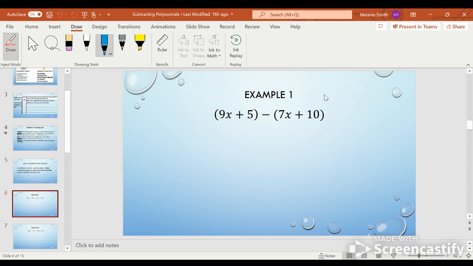Remember, distribute means multiply. But what you can do is multiply by a negative 1. So I can distribute a negative 1. And all that's going to happen when I multiply by negative 1 is this positive 7 is going to become negative 7, and positive 10 is going to become negative 10.